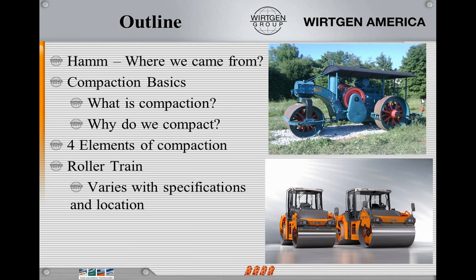We'll talk about roller trains and how they can vary with different specifications based on the states, the locations, requirements, mix designs, and so forth. We'll talk about the different roller types that are out there and how things have changed through the years based on the types of mixes that we are working with. And then we'll summarize everything we just discussed.